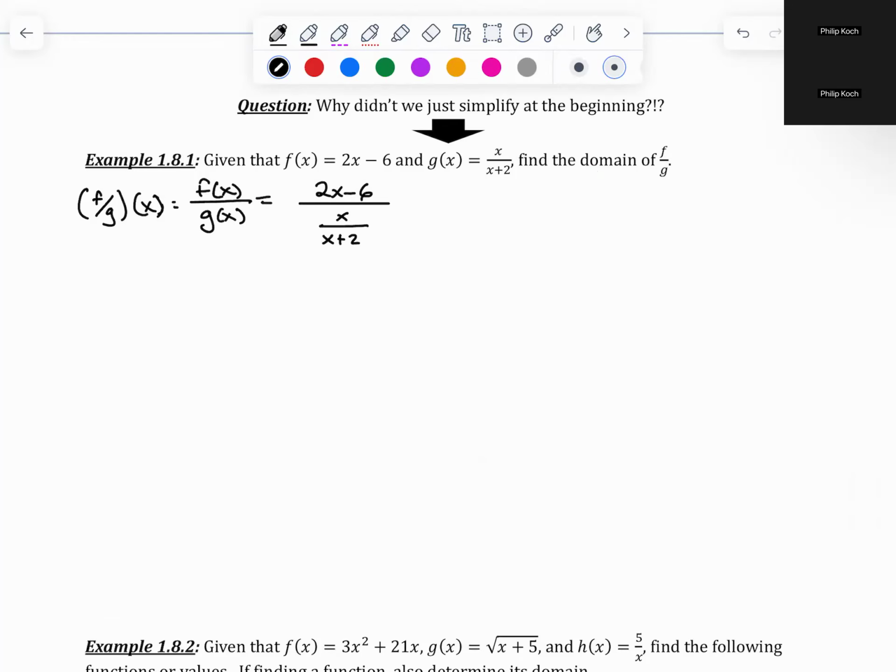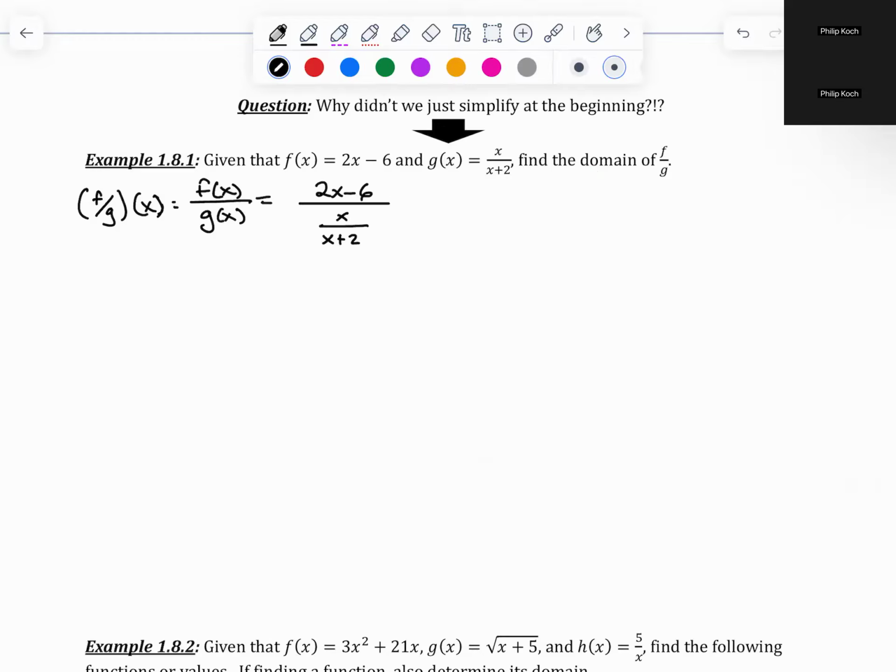Looking at this as it is right now, the numerator has no issues. 2x minus 6 can be whatever we want, and it will always be a number. That's okay. But the big denominator is a fraction, and as such, we cannot plug in -2.